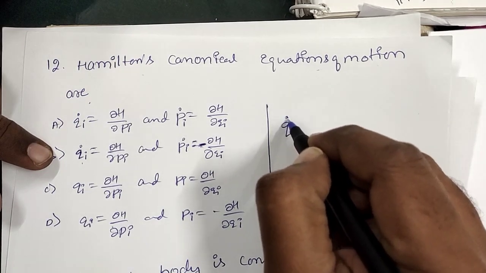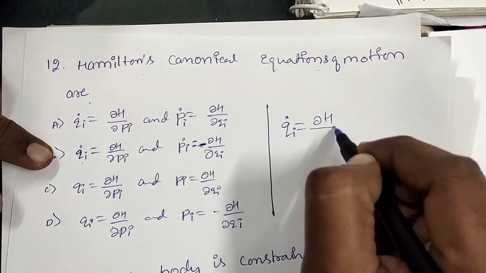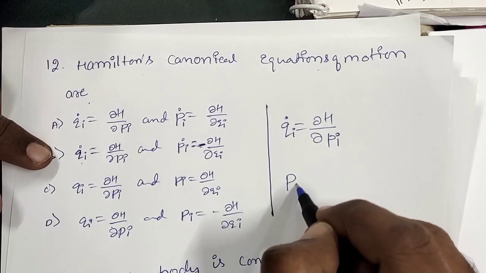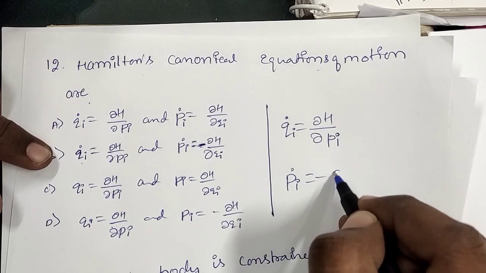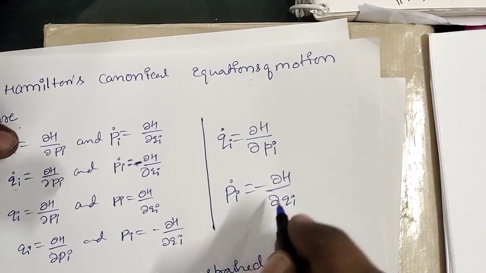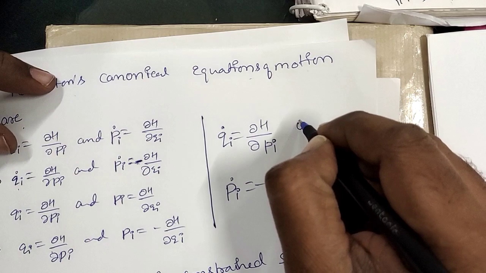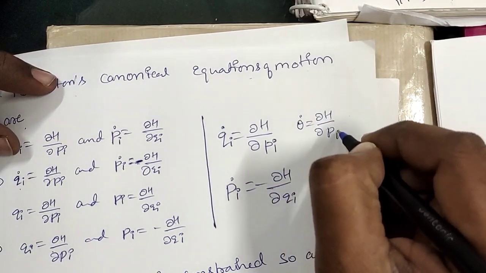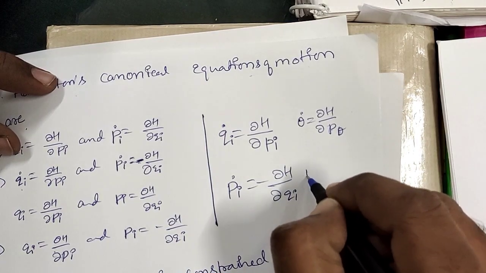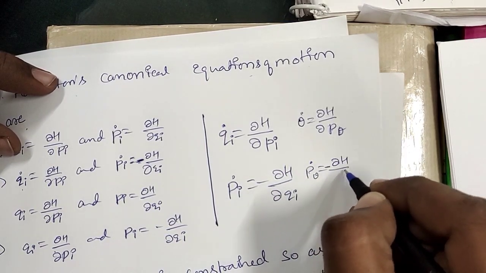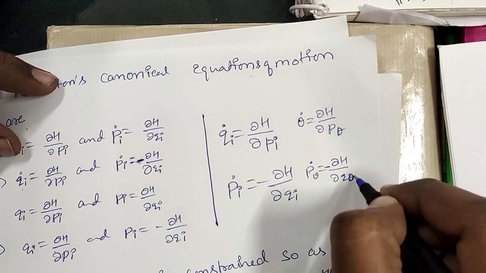Qi dot is equal to dou H by dou Pi, and Pi dot is equal to minus dou H by dou Qi. That means if this is theta dot, it is equal to dou H by dou P theta, and P theta dot is equal to minus dou H by dou Q theta.